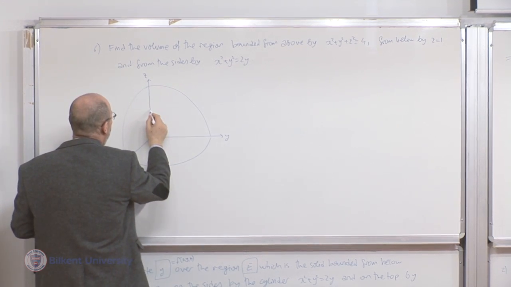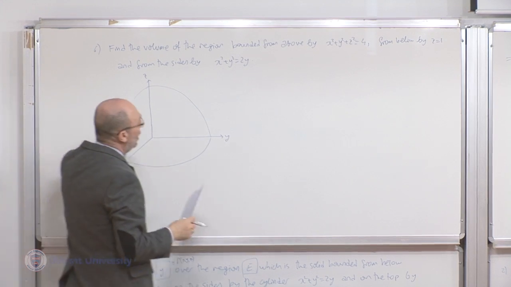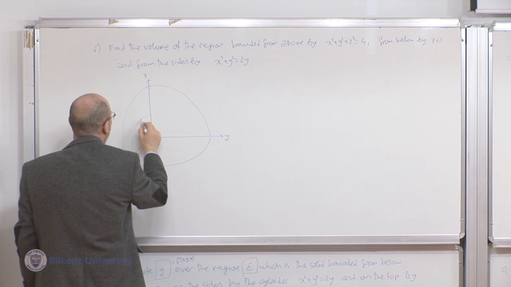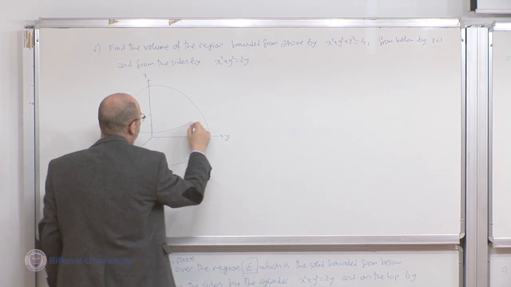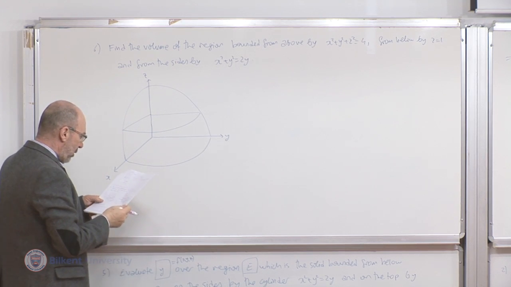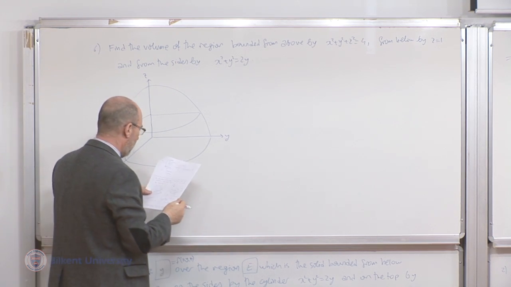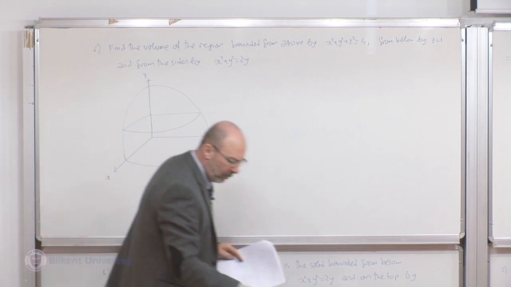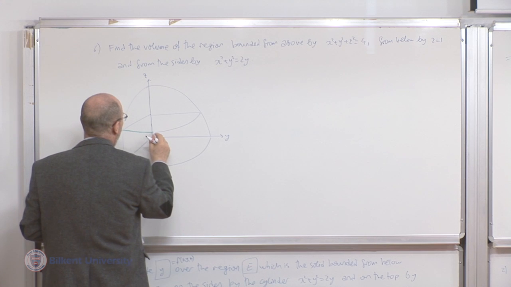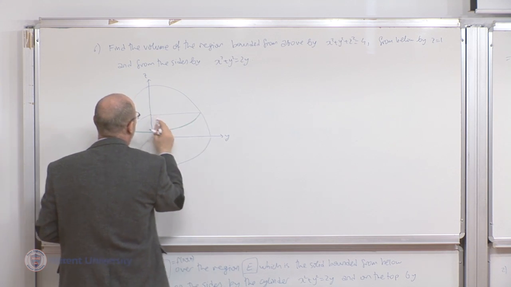And here we have z equals 1. Okay, so the radius of this is 2. So halfway, we have this. And here we have, so maybe I should use different colors. So this is the bottom of the region we are interested in.